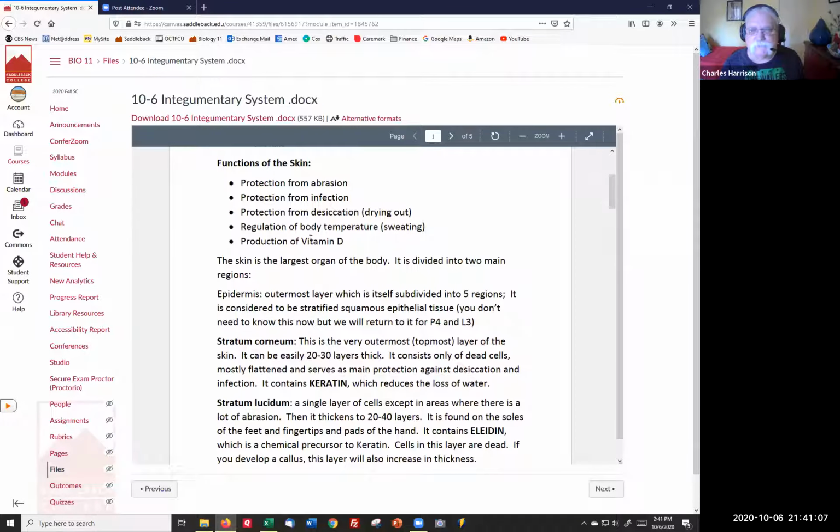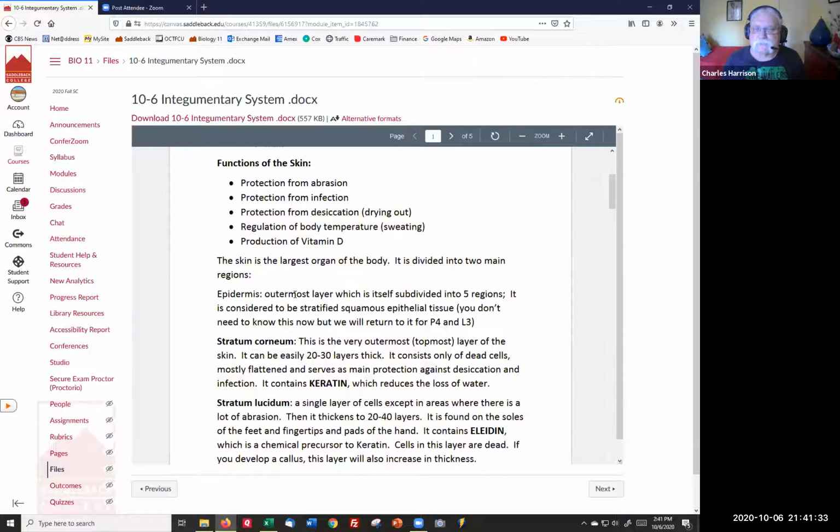Functions of the skin? Well, you're familiar with all of these. Protect against abrasion. Actually, it's what becomes abraded. Protection from infection, very important. Burn victims often have to get special treatment to stop infection from occurring.